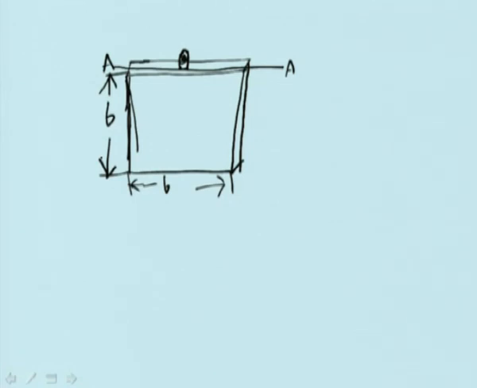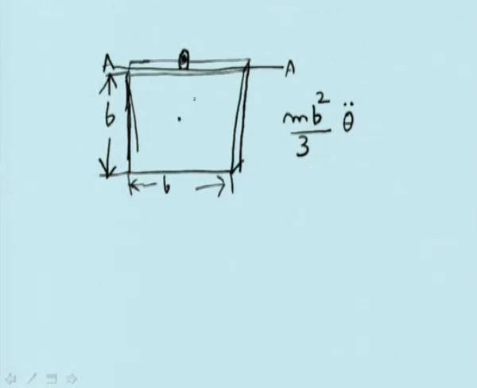So when it starts oscillation about axis AA, then we have to find out the moment of inertia about axis AA, and that is given by mb square by 3 into theta double dot. mb square by 3 is the moment of inertia about AA, and this gets displaced.